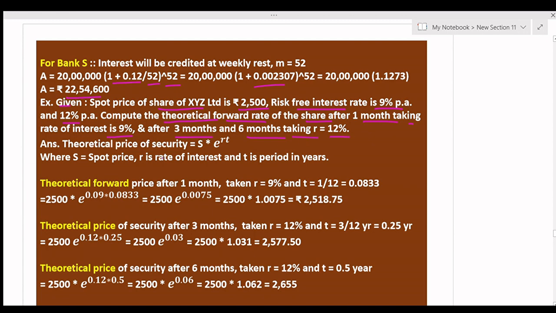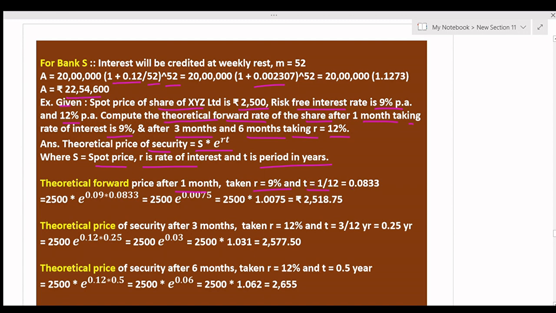The theoretical price of security is equal to S into e to the power RT. Here S is equal to spot price, R is the rate of interest, and T is the period in years.